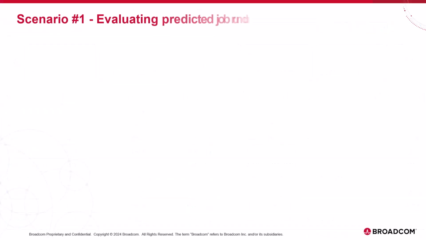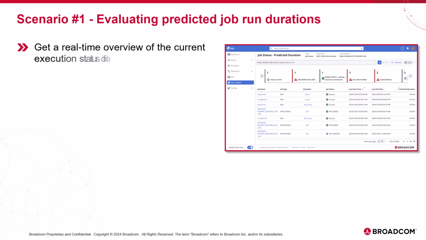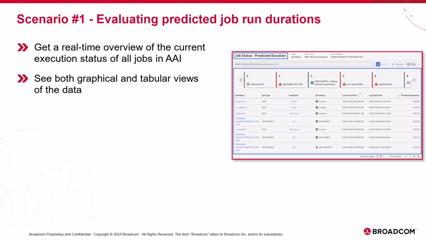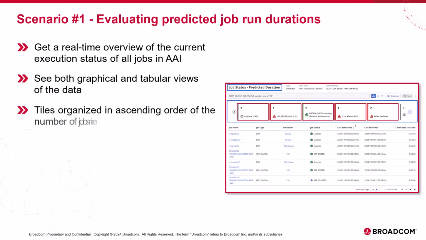From the first scenario, we learned that the Job Status Data Insight gives you a real-time overview of the current execution status of all jobs in AAI. You see both graphical and tabular views of the data. The graphic is a series of tiles organized in an ascending order of the number of jobs in each execution state.